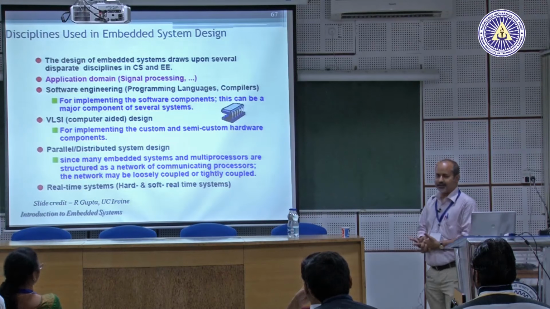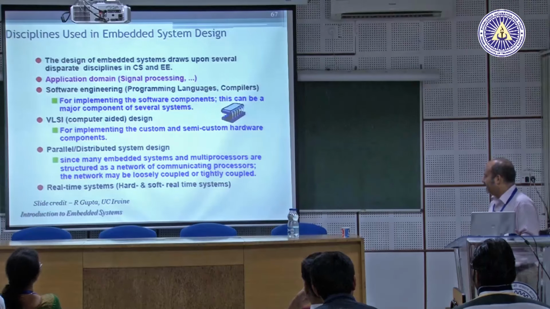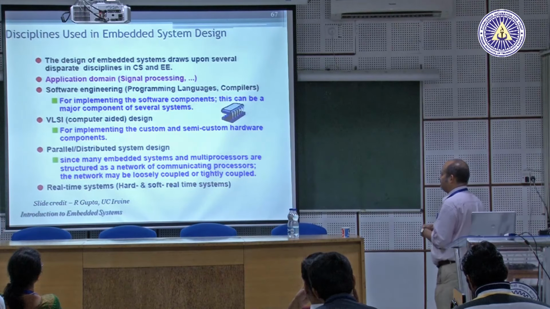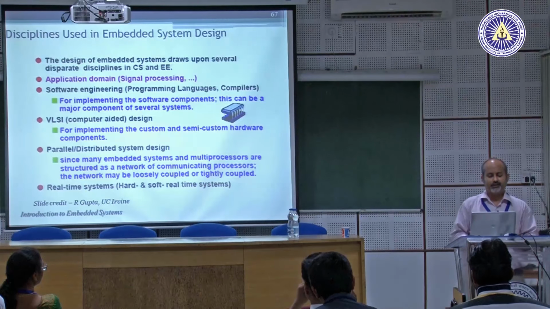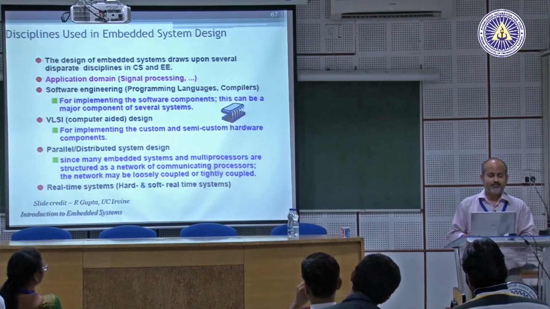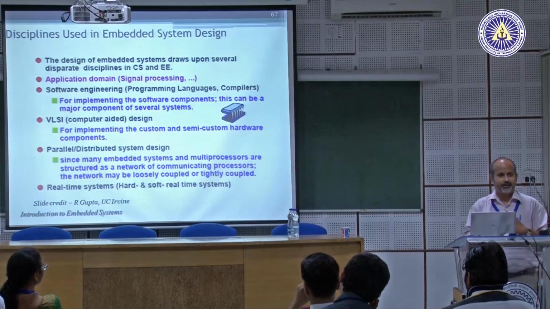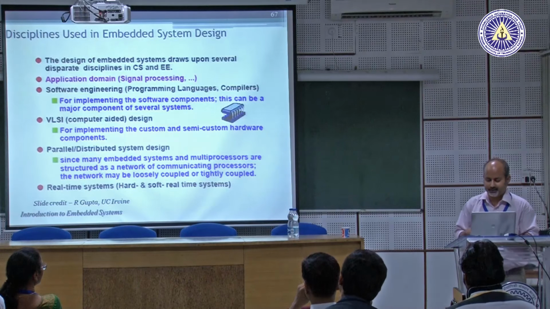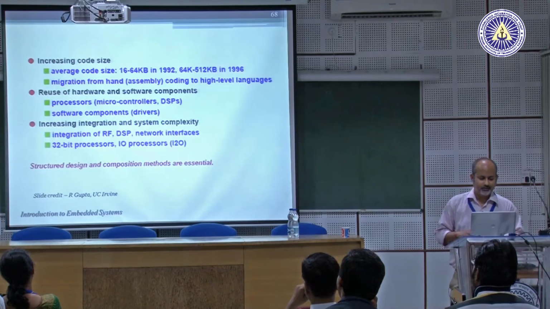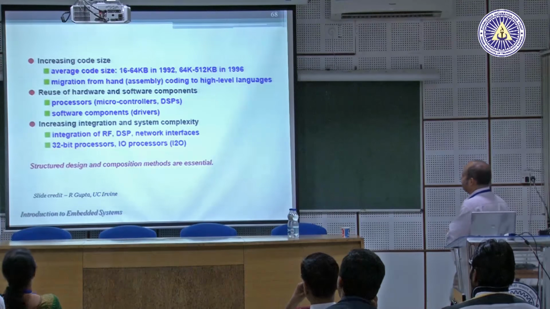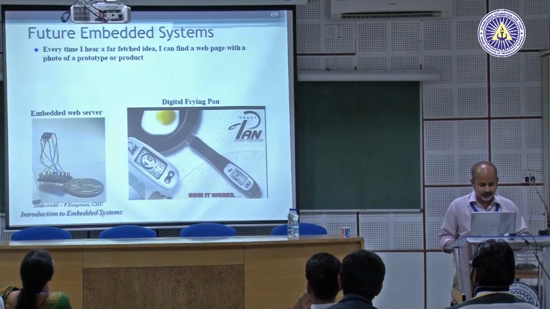Nowadays embedded systems are usually quite distributed, and then network systems, real-time systems, and of course you have to understand software engineering, programming languages and compilers, and then you have to understand the application domain as well, right? Depending on what it is, power systems or automotive or music or whatever.